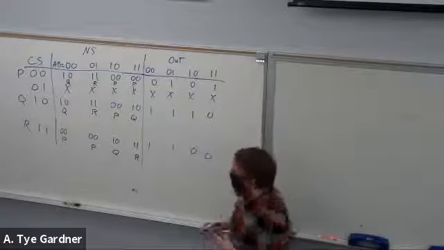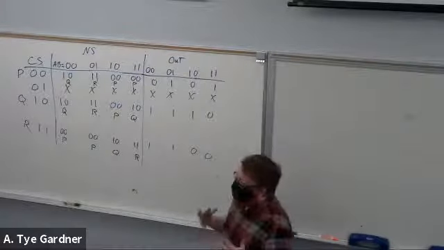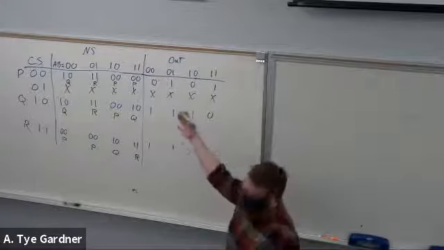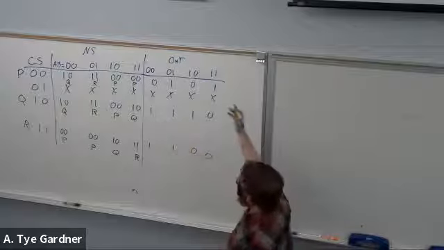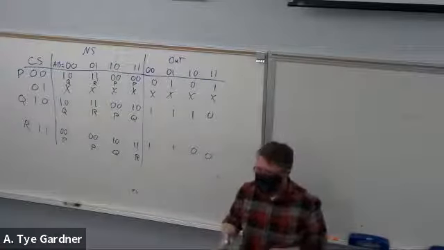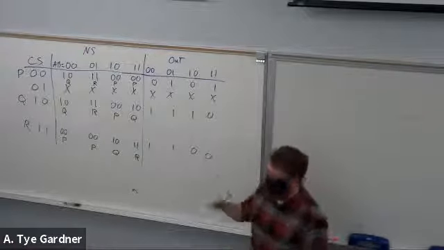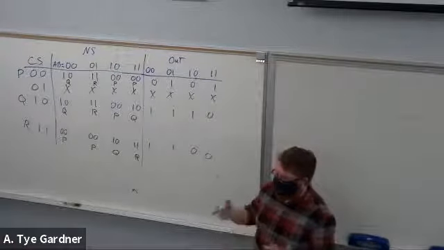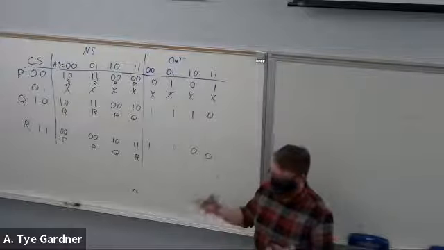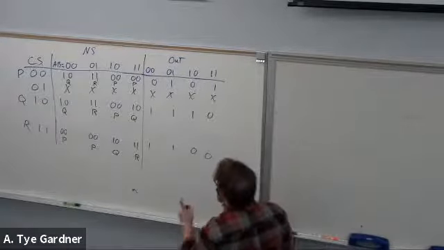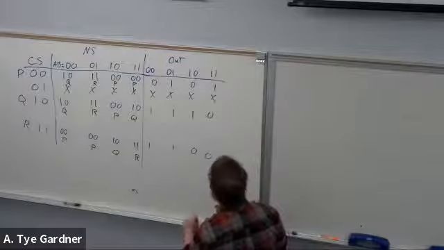So there are 2 different concepts that I need to design logic for. There is the next state logic and the output logic. We also call them the next state decoder and the output decoder. And what that means is we are decoding an output based on our inputs. Okay, so let's start with the easy one, the output.